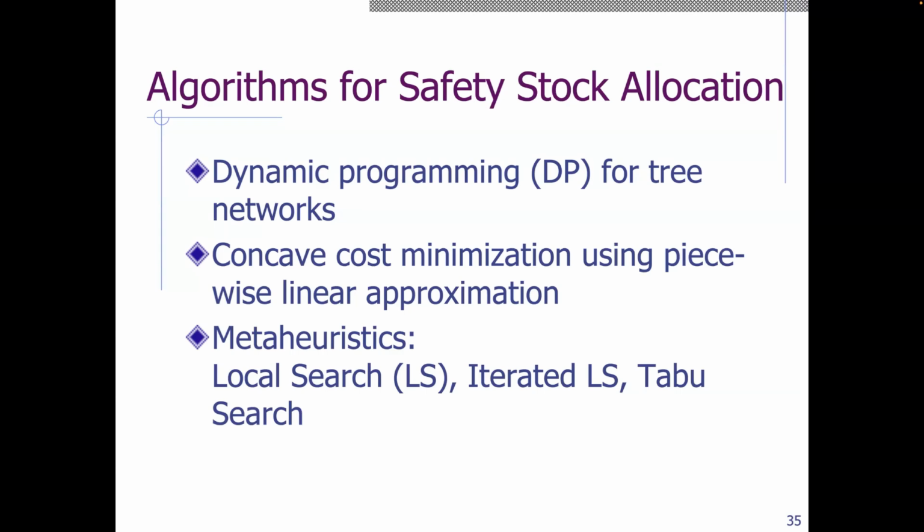The second one is the mathematical programming approach that relies on MIP solvers. It can handle middle-size instances with general networks. Other approaches are metaheuristics such as local search, iterated LS, or tabu search, etc. They give approximate solutions instead of exact solutions, but it's usually faster and more robust.